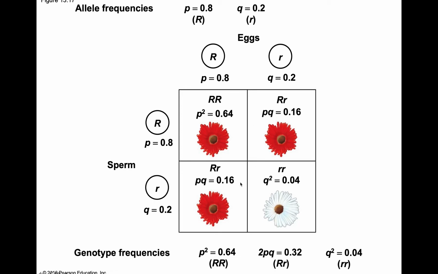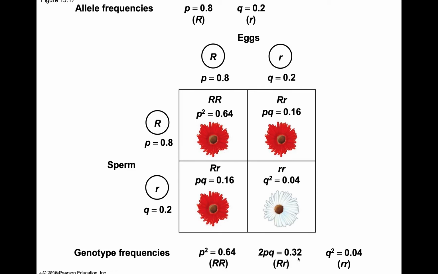Now if I look at all of these boxes and do the Hardy-Weinberg, I notice that I already have my P squared, 0.64. I also notice I have a PQ and another PQ, but the second half of the formula says 2 times PQ. So I'll have 2 times this value, 0.16, which is going to give me 0.32, because I have 2 of those.